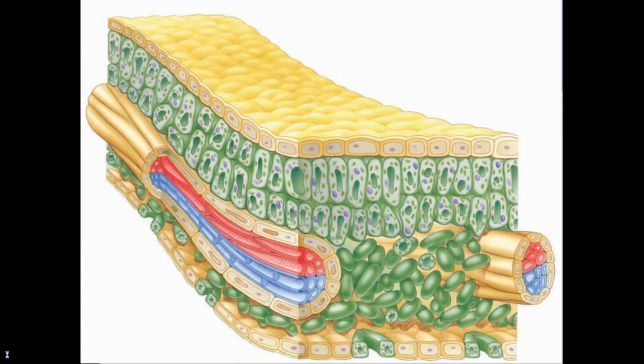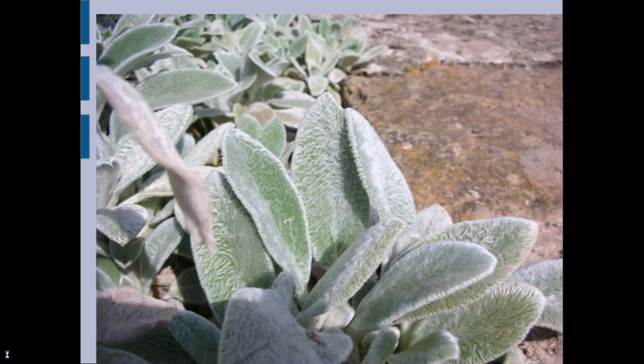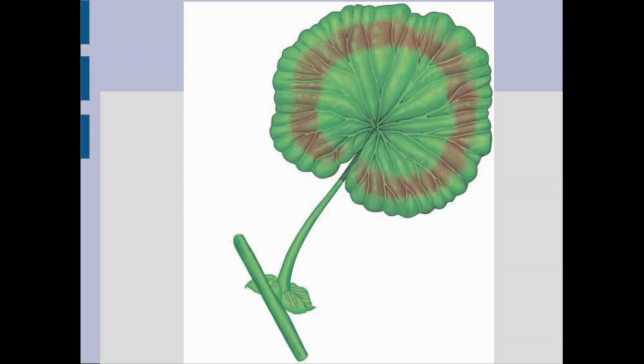If you look at the leaf, this is a typical eudicot leaf. It has a large blade and netted venation.